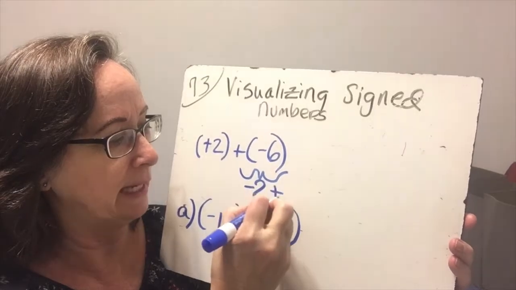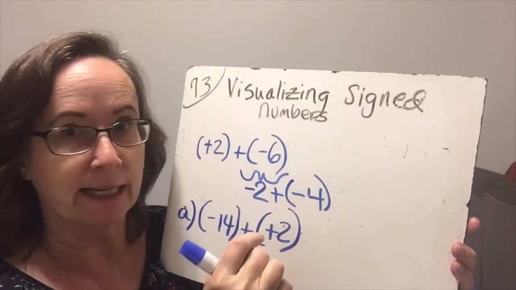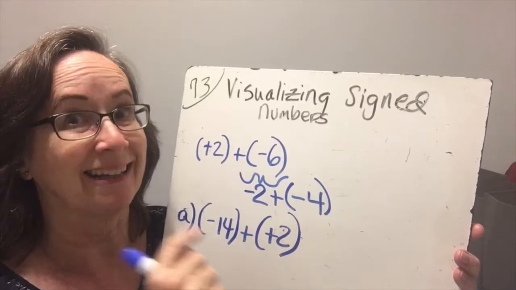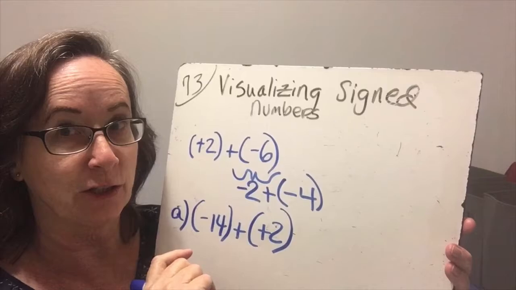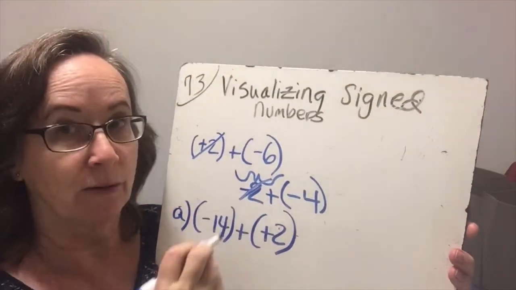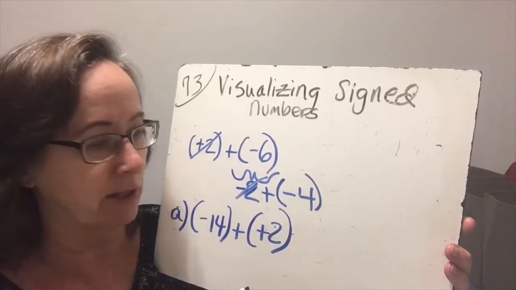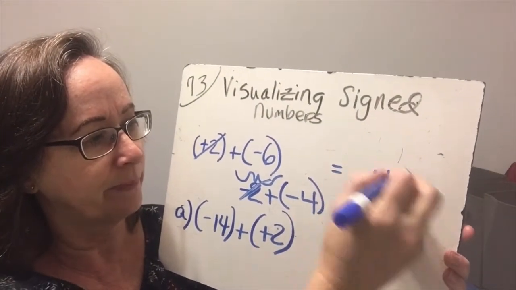Well, don't we need a -4? So 2 and 4 is 6, so a -2 and a -4 is a -6. Now that we've broken up the -6 into pieces, we can see that +2 and -2 are opposites and will cancel each other out, and the answer is -4.